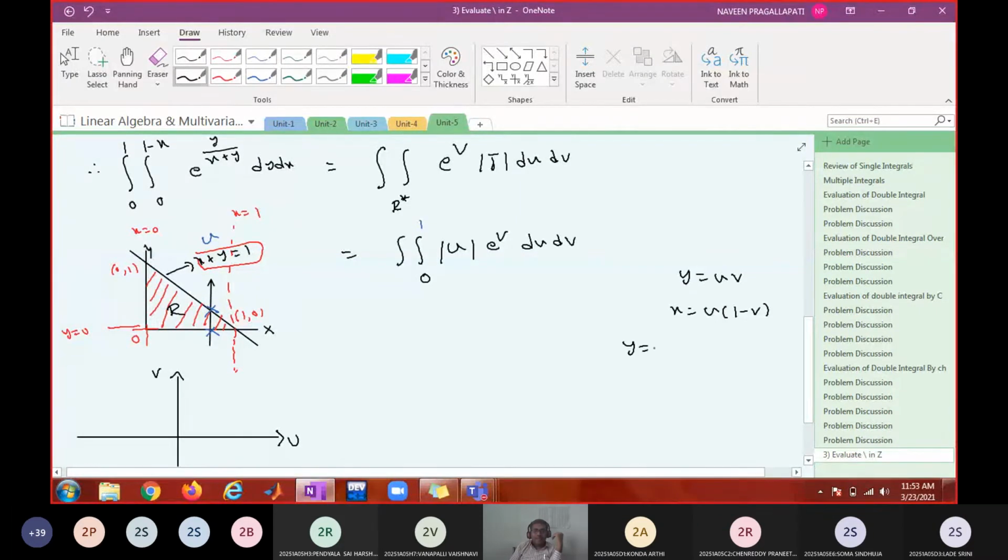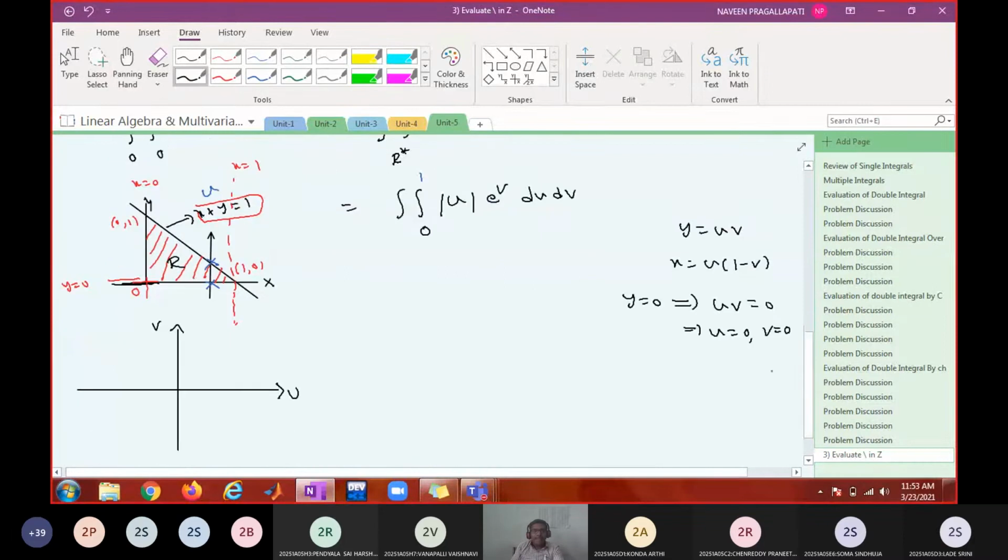So y equal to 0 is the x-axis, and its image is v equal to 0, as well as u equal to 0. U equal to 0 or v equal to 0.